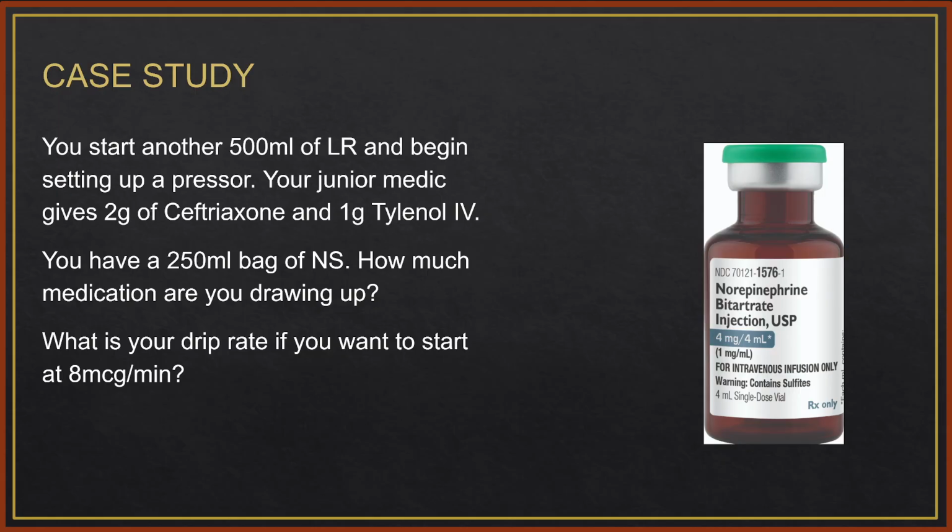Typically, if you were to start doing an epi infusion, say from a 250 bag of normal saline as well, your concentration is going to be roughly the same. I know there are some ideas with taking a 1,000 bag and throwing 1 milligram into the 1,000 bag for epinephrine.